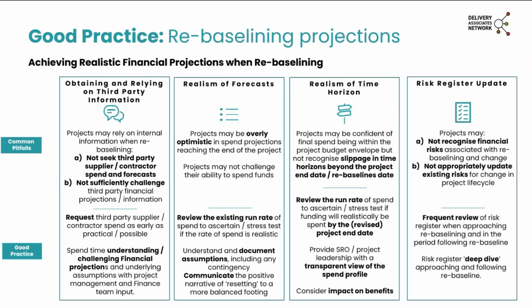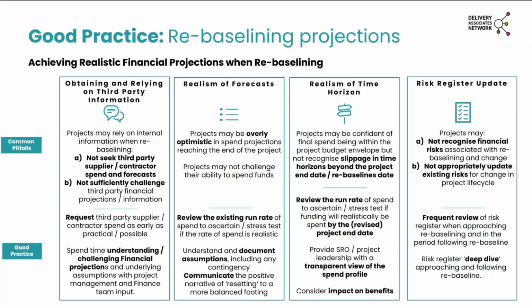Often when teams are rebaselining projects, we will see that teams don't consult the risk register. So what we do suggest is that when you're rebaselining budget, you should have a deep dive and more frequent reviews of the risk register. One, to make sure that the risks that are already captured on the risk register do inform your updated budget expectations.